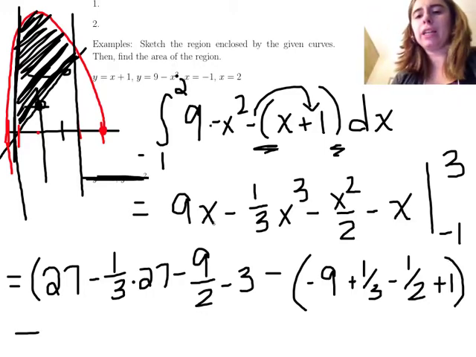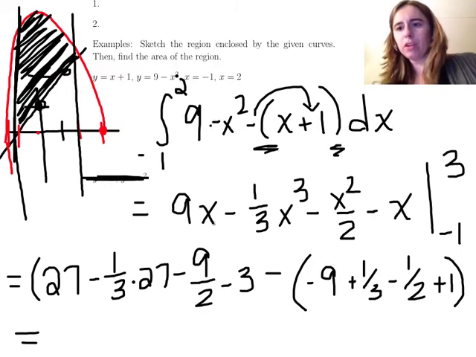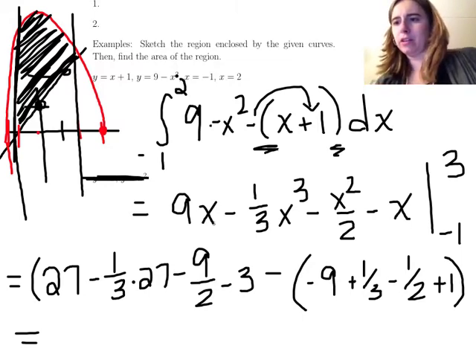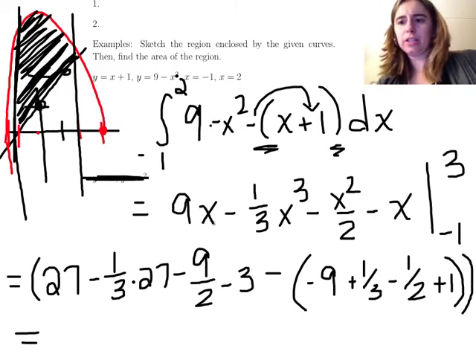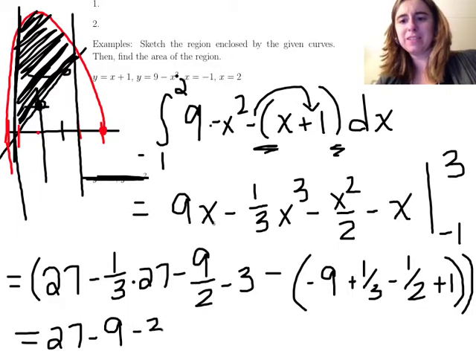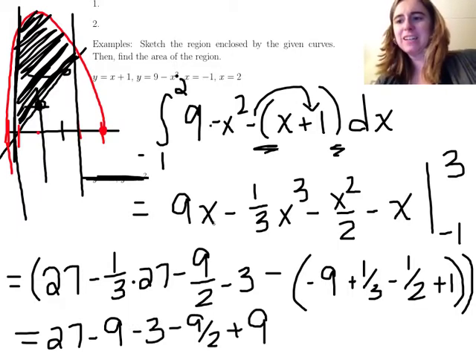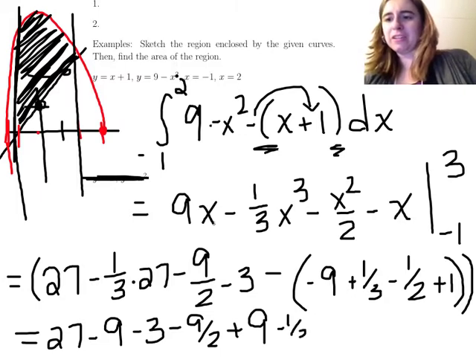And so if you calculate all of that out, we would have to do a little bit of arithmetic here. So it looks like we're going to get 27 minus 9 minus 3 minus 9/2 plus 9 minus 1/3 plus 1/2 minus 1.